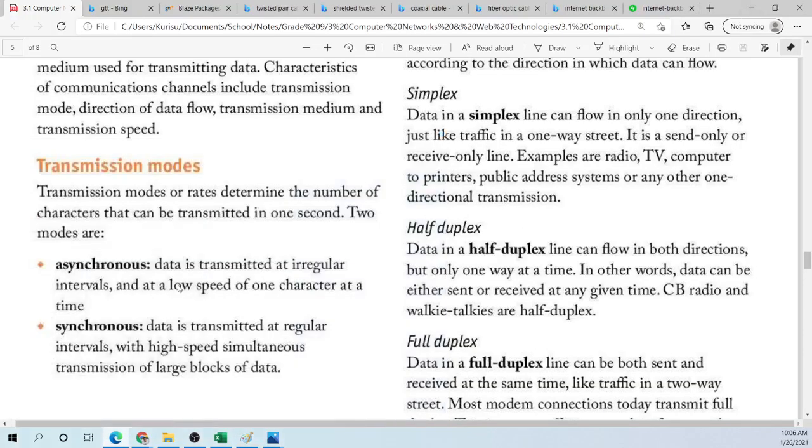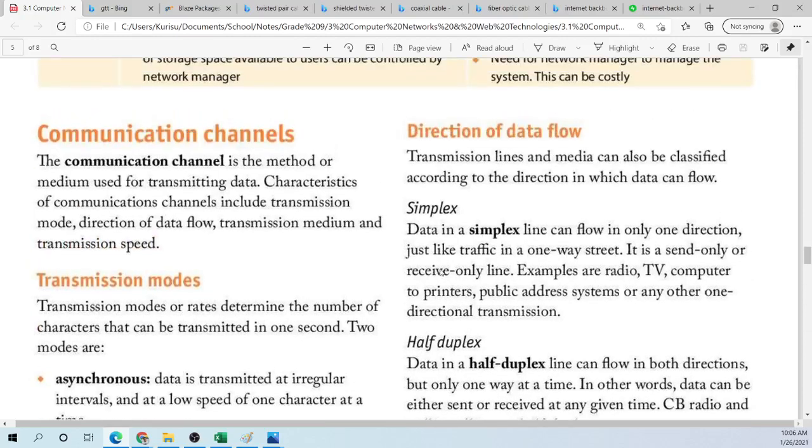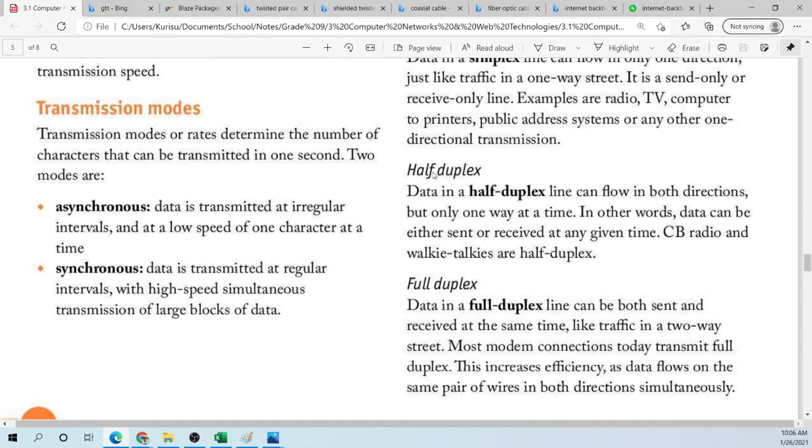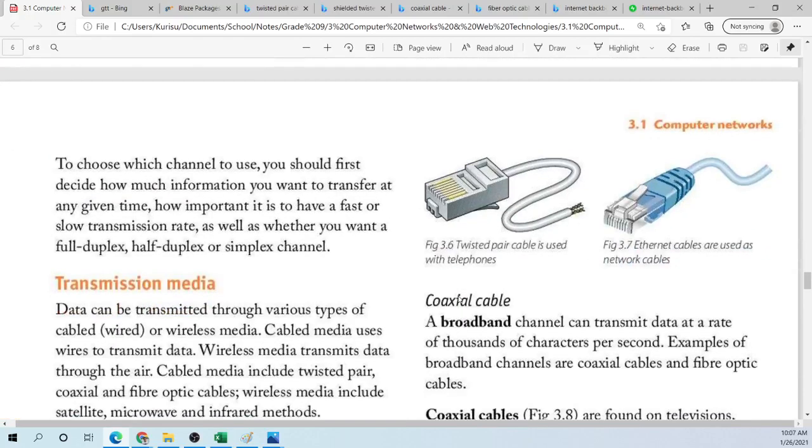Asynchronous sends the data one after each other and it is slower, whereas synchronous would send the data at the same time and it is much faster. For data flow, we have three methods: simplex, half duplex, and full duplex. Simplex is only one direction, half duplex is both directions but only one at a time, and full duplex is both directions at the same time.